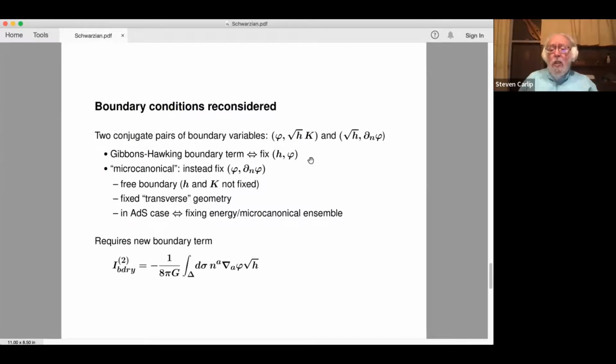The dilaton is basically conjugate to the extrinsic curvature, and the metric, H here is the induced metric at the boundary, is conjugate to the normal derivative of the dilaton.